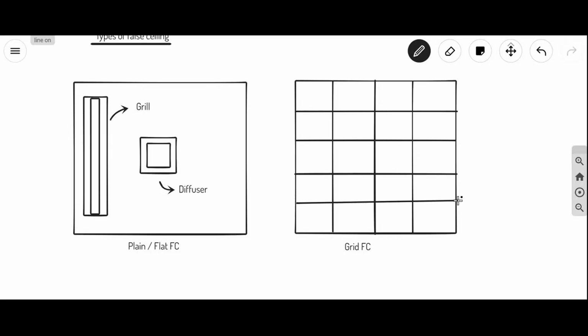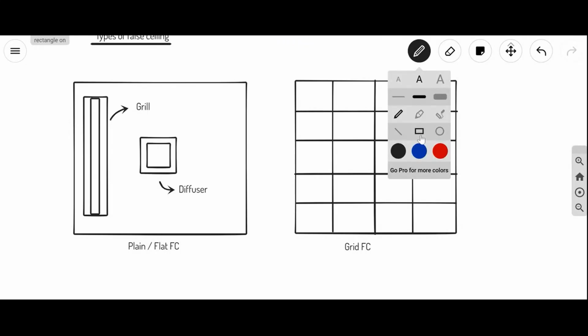If the false ceiling is grid false ceiling, we need to use diffusers.